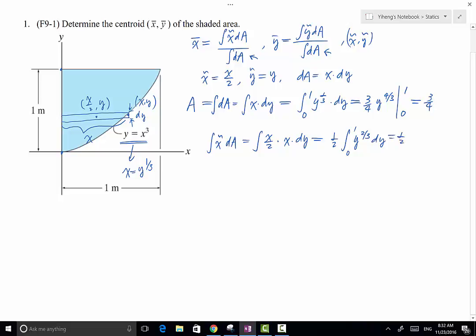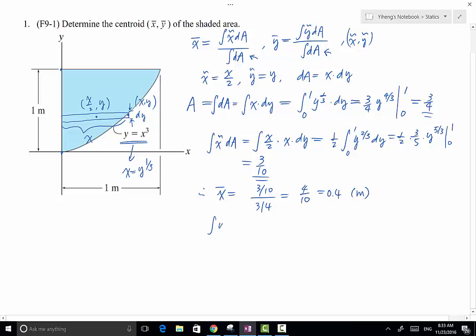This equals 1/2 times 3 over 5 y raised to the 5/3 power, evaluated from 0 to 1, and that simply equals 3 over 10. Therefore, x bar equals this right here, 3 over 10, divided by the total area, 3 over 4. This equals 4 over 10, which is 0.4 in the unit of meter.